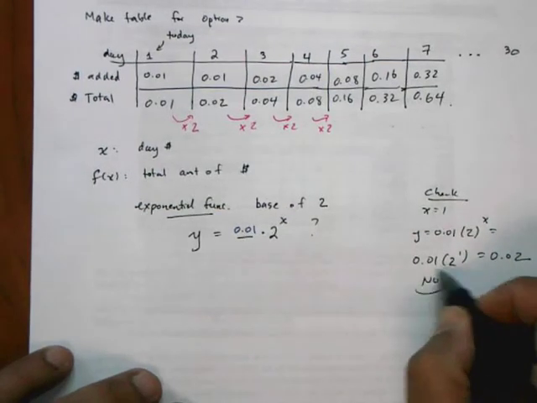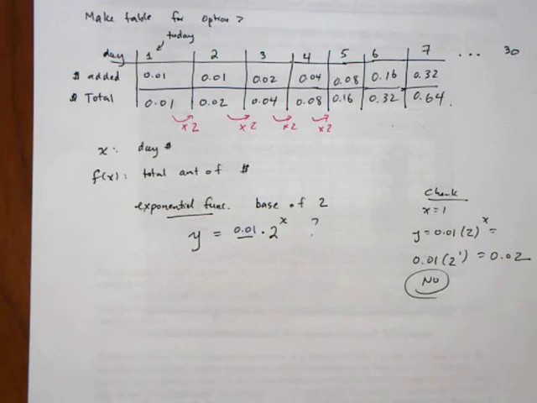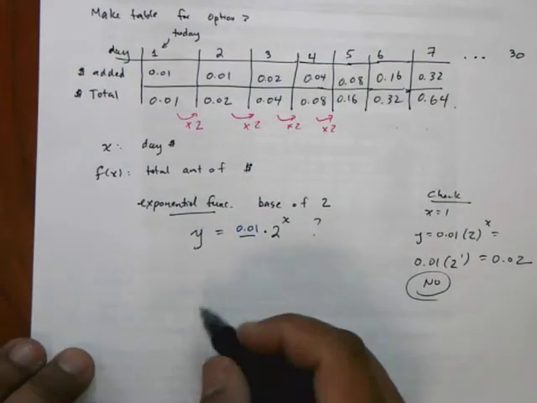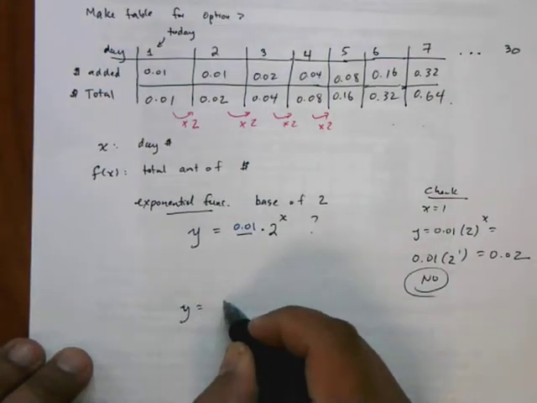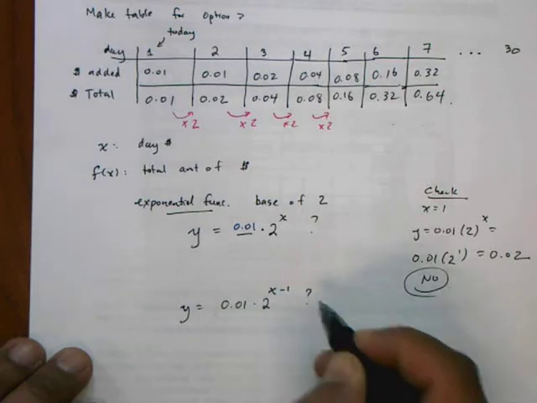So this actually fails, right? It should be equal to this number, but it doesn't work. And the reason it doesn't work is we need to adjust things a little bit. We really need to shift everything down by 1. So this really needs to be 0.01 times 2 to the x minus 1. Okay?